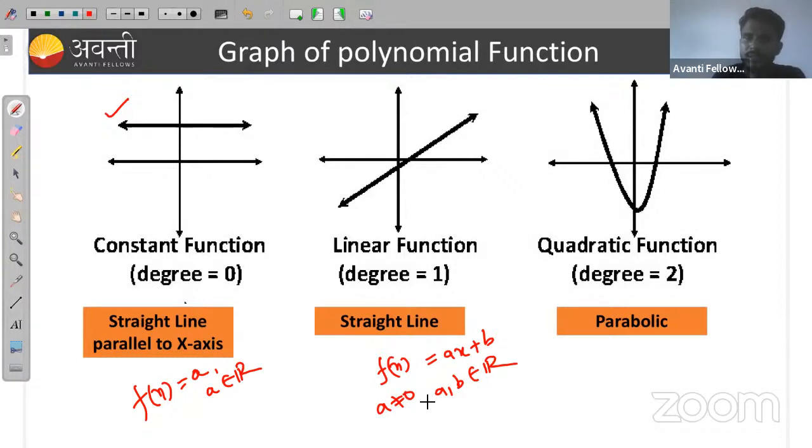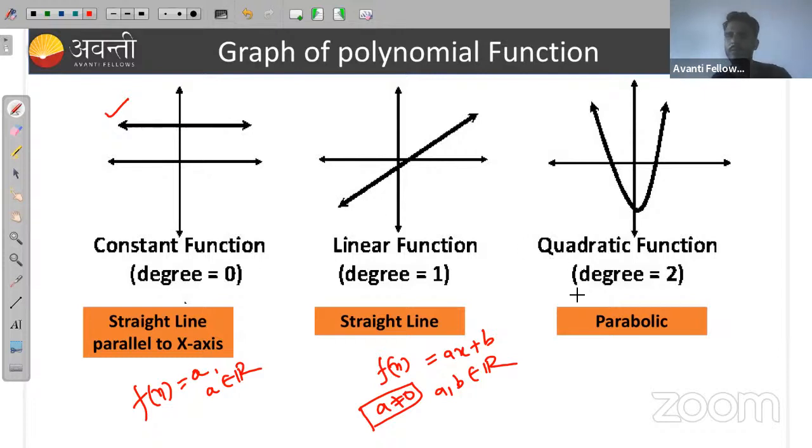In this case, it is always a straight line. If you want to draw a linear function, b can be 0, but a can't be 0. If a is equal to 0, it will become a constant polynomial rather than a linear polynomial. A linear function means it must be of degree 1. So it will always be a straight line.